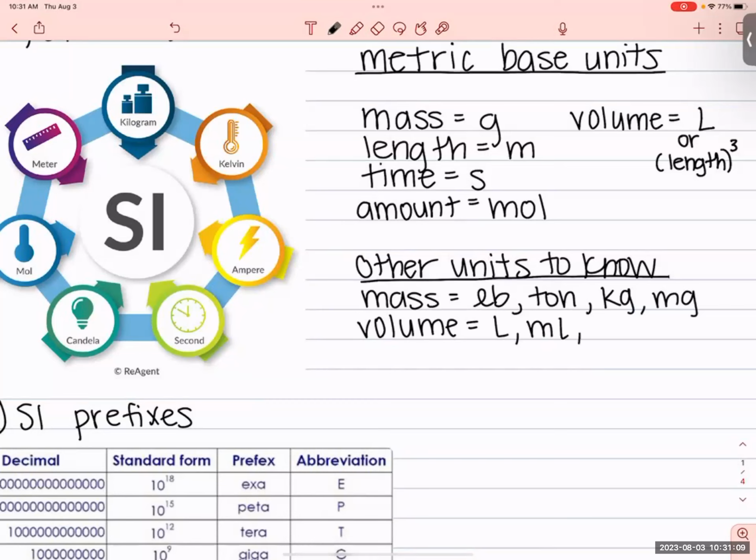Liter, milliliter. Ounce can also be a mass. That's a weird English unit. Volume could be a centimeter cubed, a meter cubed. Any cubic length is also a volume.